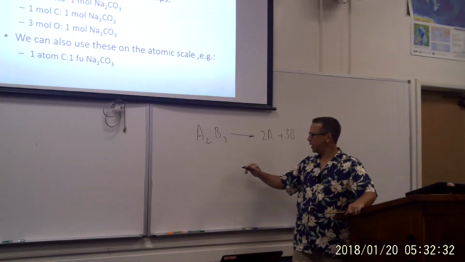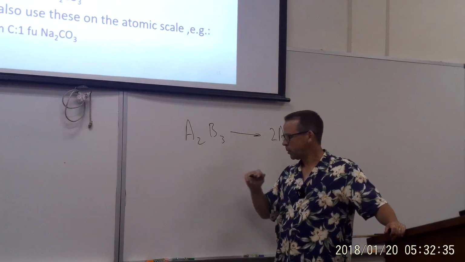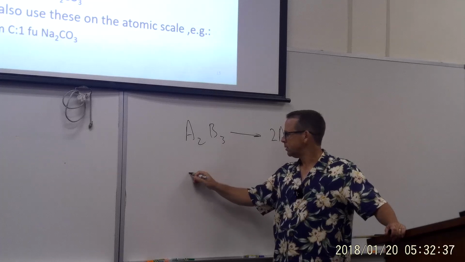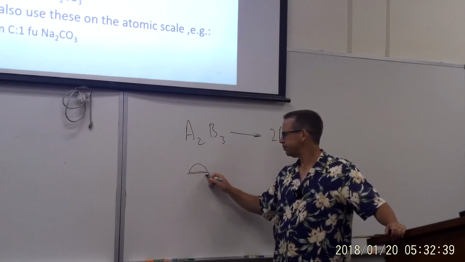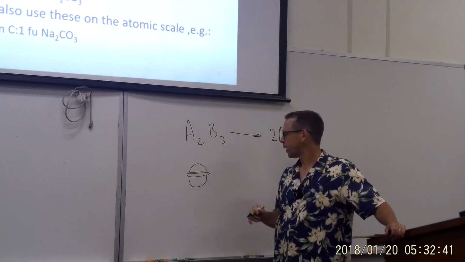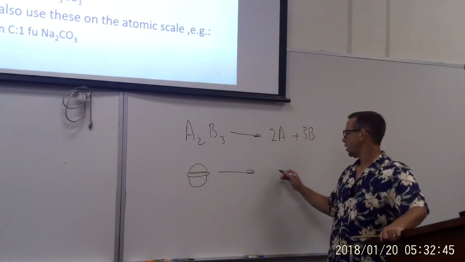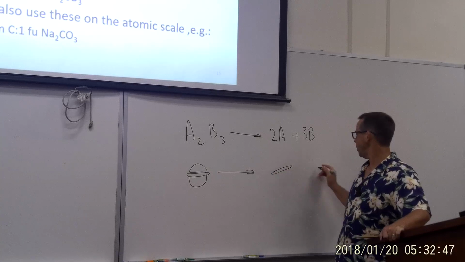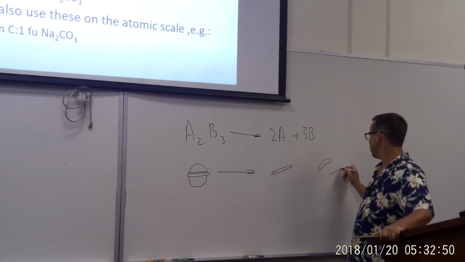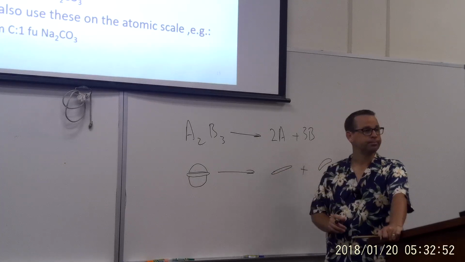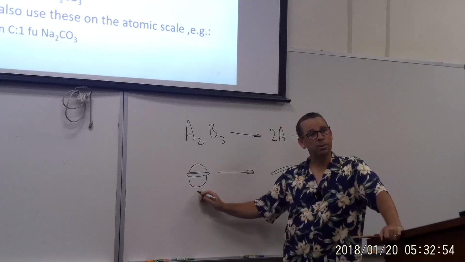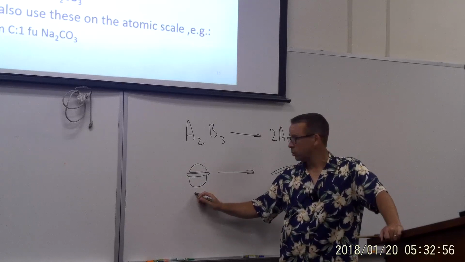But if you think about it as maybe a hamburger, right? If I take a hamburger and break it down into its parts, I'll have 1 patty and 2 buns. Right? I started off with how many hamburgers? 1.